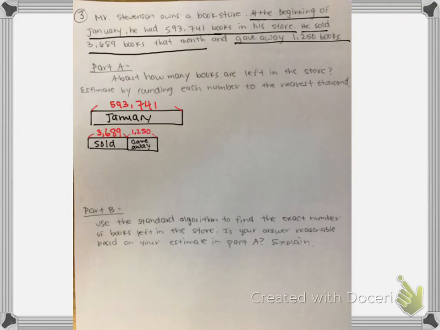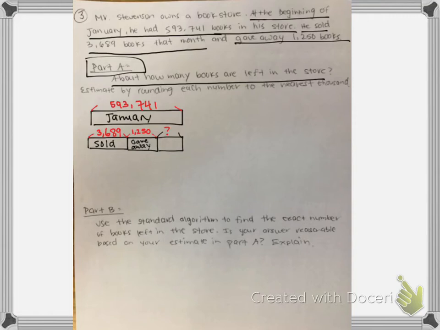Okay. Now, they want to know, and this is my next section, part A, about how many books are left in the store. So it's this little section here. How many are left? And we don't have that amount. So we need to know, how much do we have left?